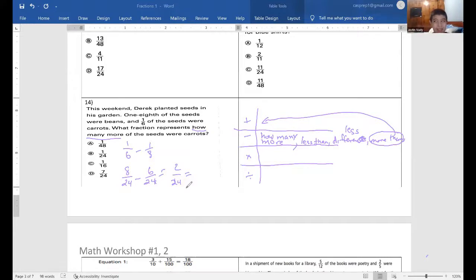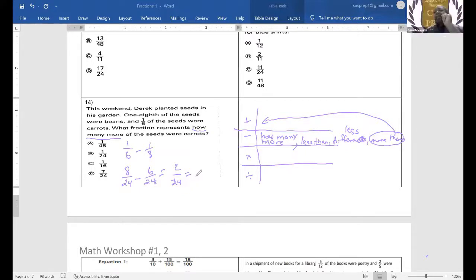Well, I was thinking of 14. So remember when we talked about this, when we talk about factor, are we multiplying or dividing? Dividing.